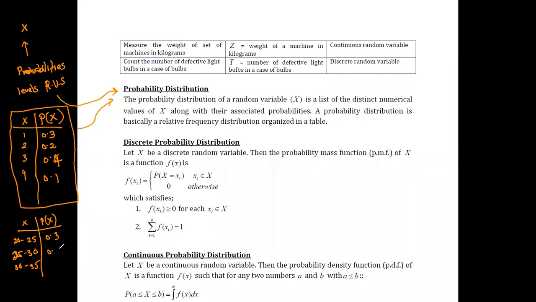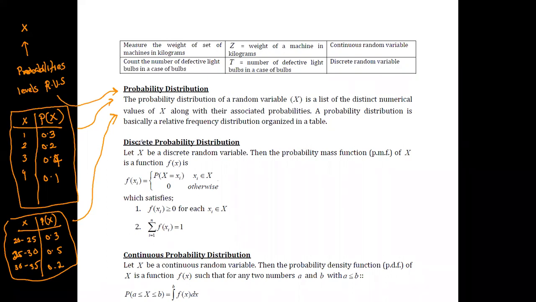If it is in here, I am allocating the probability 0.7, 0.5. Then here, I am allocating the probability 0.2. Then you can see that these probabilities also represent a probability distribution.